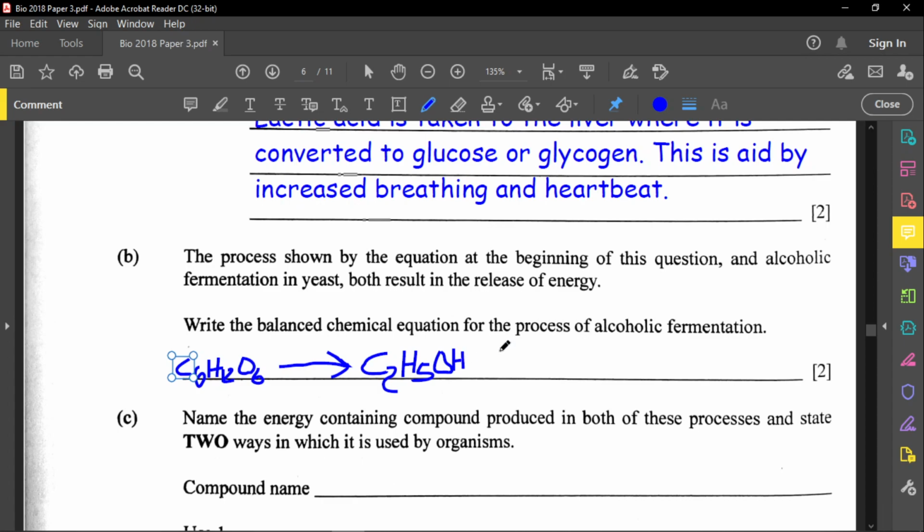And also they give you carbon dioxide, which is CO2. And then you'll plus the energy, which is ATP, or you can just say plus energy. I'll just put plus ATP.